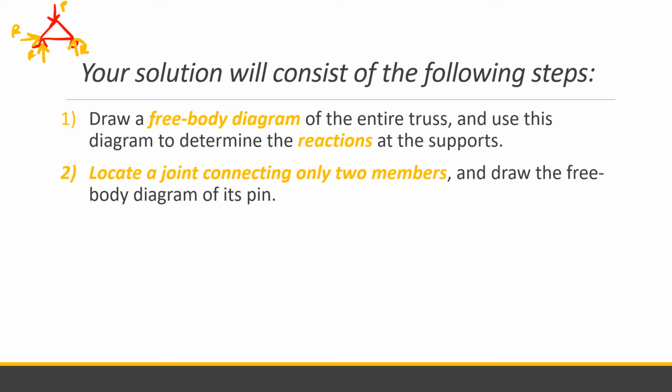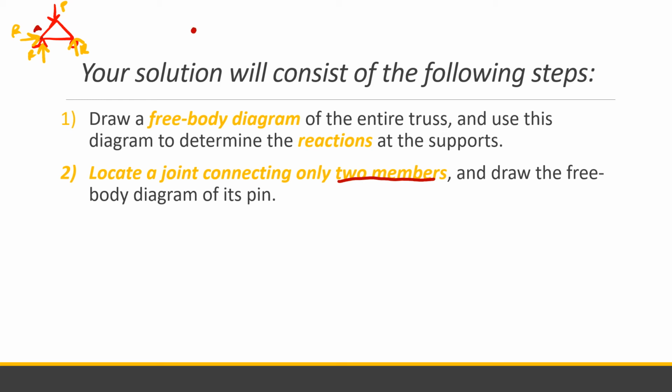So, in finding joints, you will locate one connecting only two members, no? So, two members lang. Sa first solutions mo, you will choose muna yung two members kasi mas madali yung masolve kasi less lang yung unknown. So, you will draw the free body diagram of its pin or its joint. So, for example, yung joint dito, so this is A.